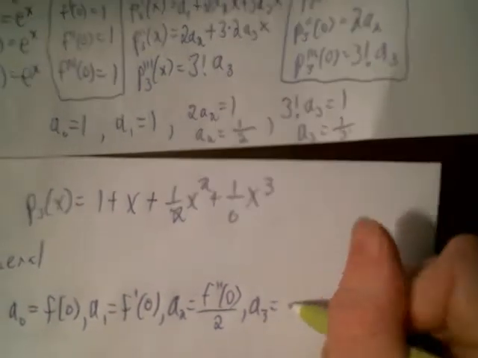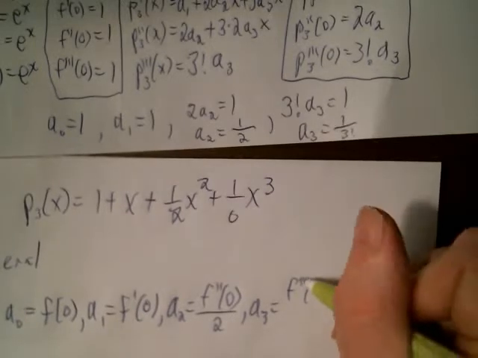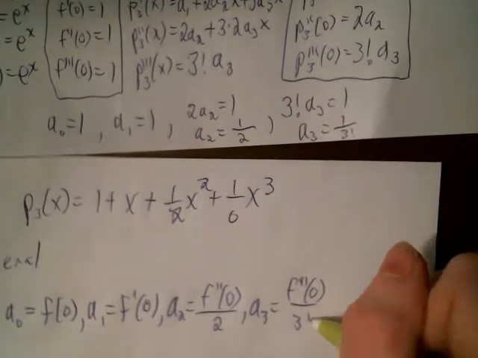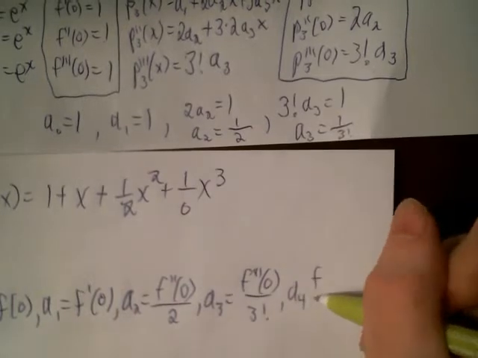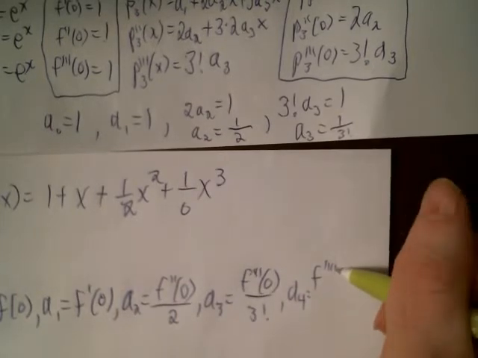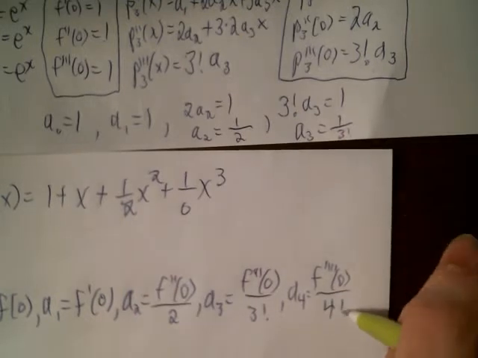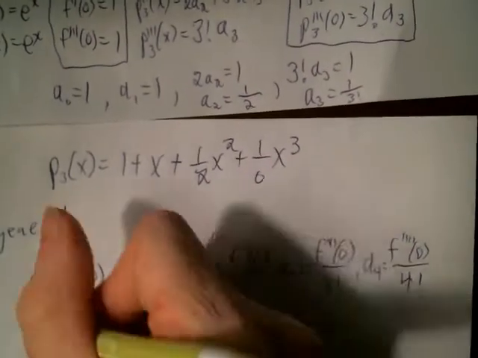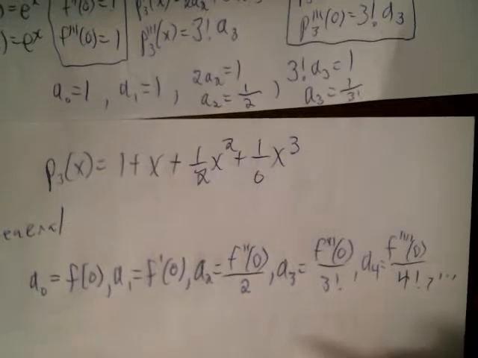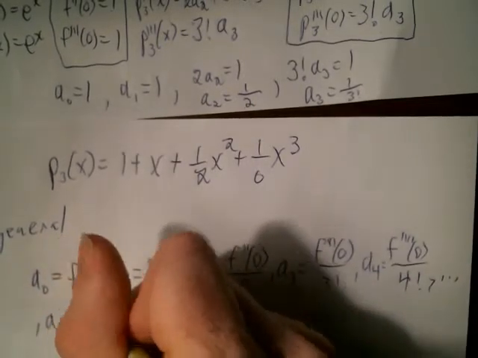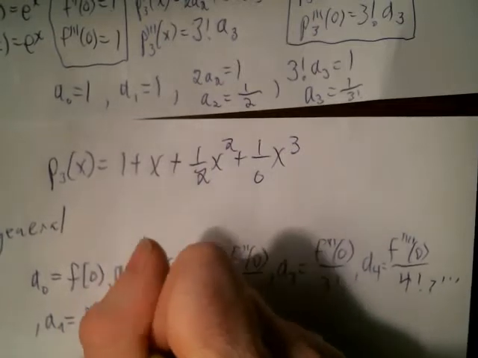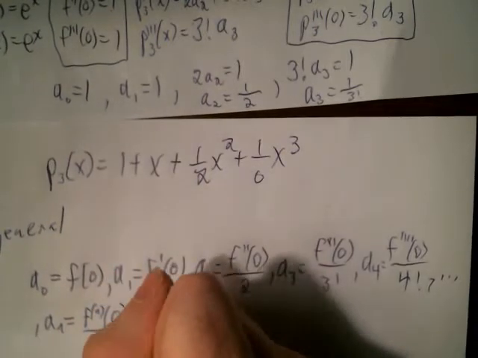A sub 3 will be f triple prime of 0 divided by 3 factorial. And then a sub 4 will be f fourth derivative of 0 divided by 4 factorial, and so on, all the way up to a sub n, which will be the nth derivative of f evaluated at 0 divided by n factorial.